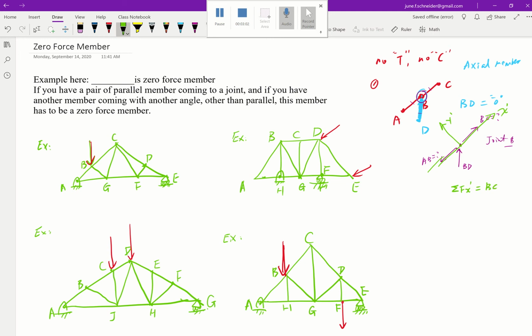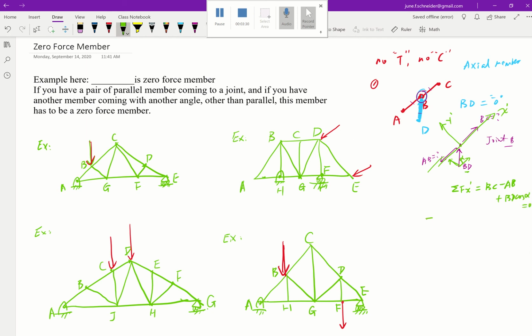BC to the right, AB minus AB, and then BD will have an X prime component. If we consider that angle alpha, we'll have BD times cosine alpha, which equals 0, right?